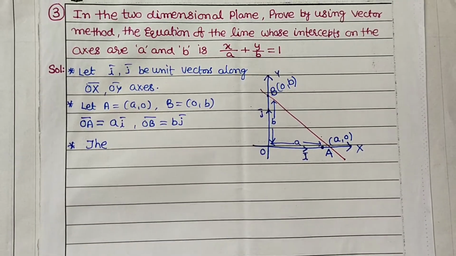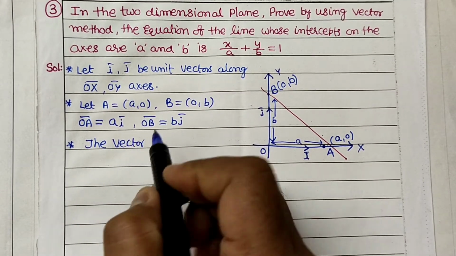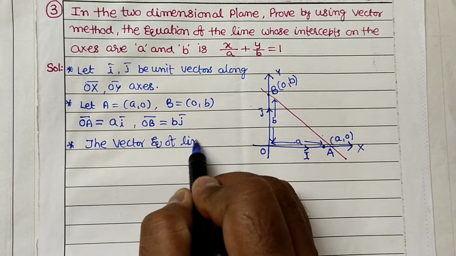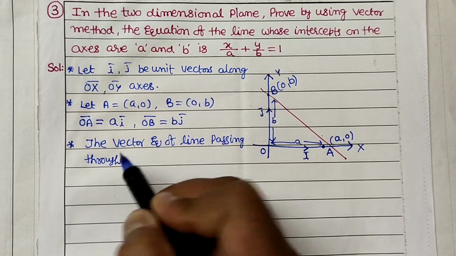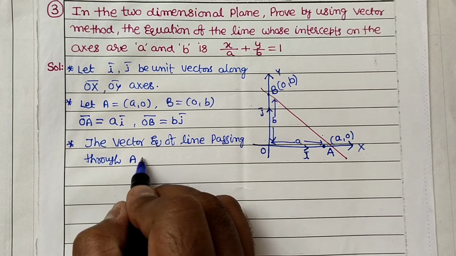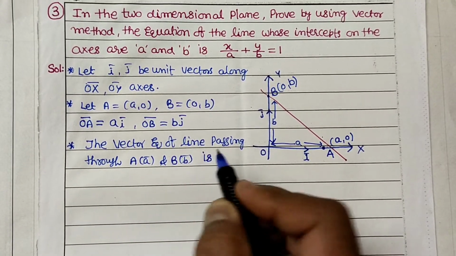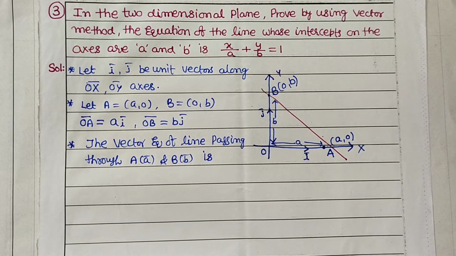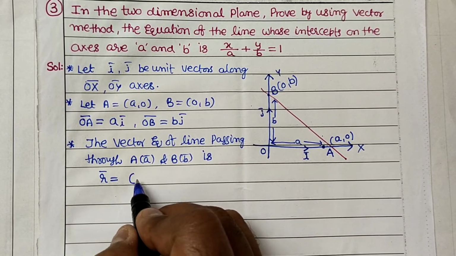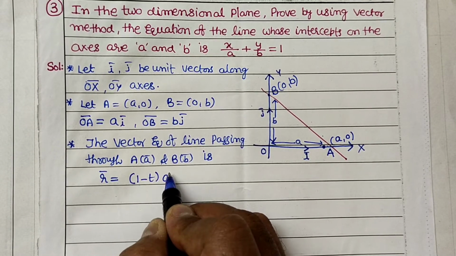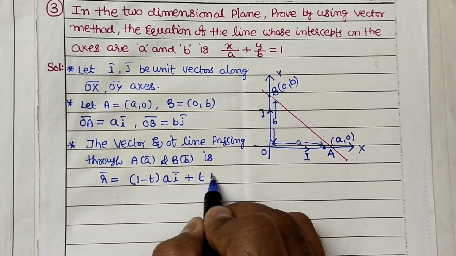The vector equation of line, better to write vector equation of line, passing through A, that means small a bar, and B, b bar, we can write it as R bar equal to 1 minus t into a I bar plus t into b j bar.